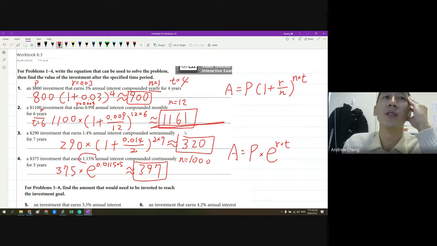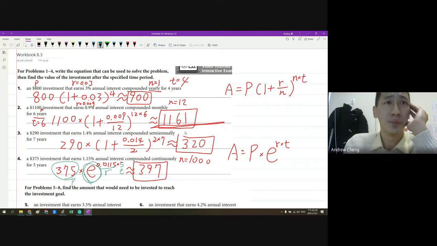R, don't forget to divide by 100, so it will be 0.0115. And T is 5 years. So here is 5, this is T. Maybe I use a different color. So this is T, T is 5, this is your R, and this is your P.